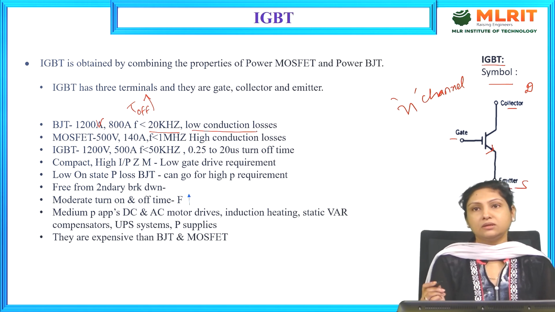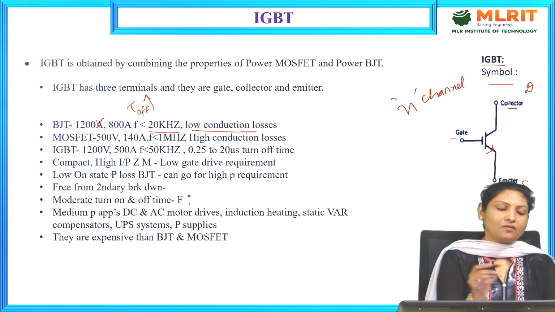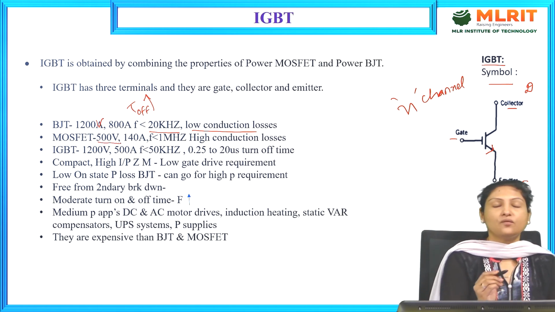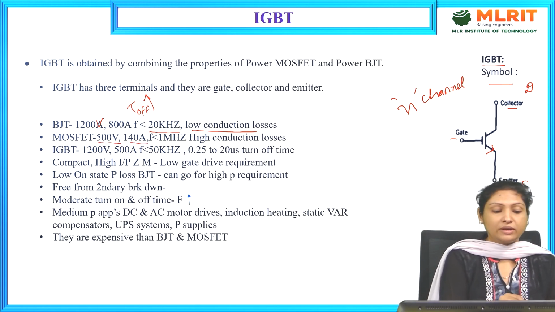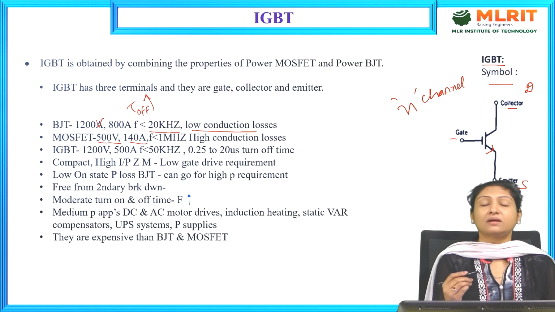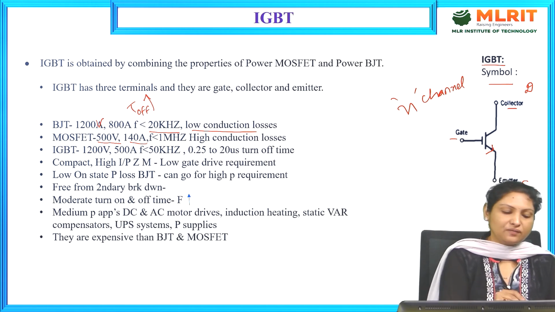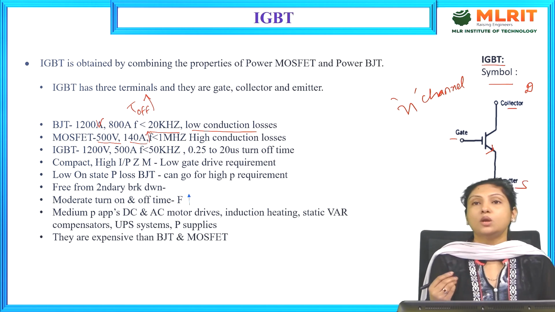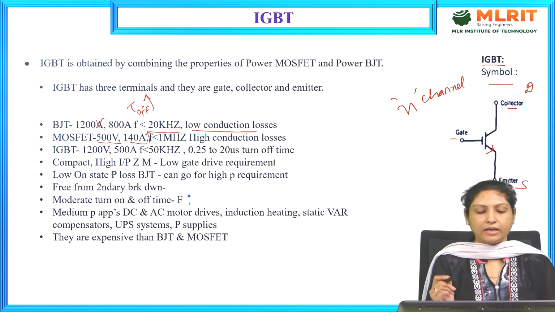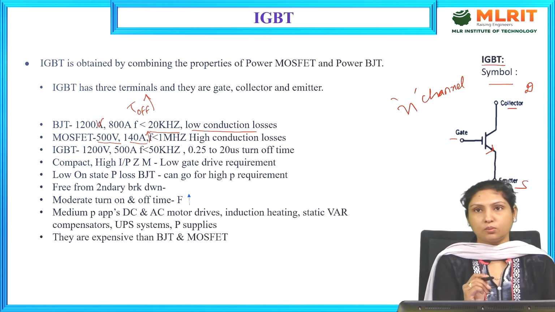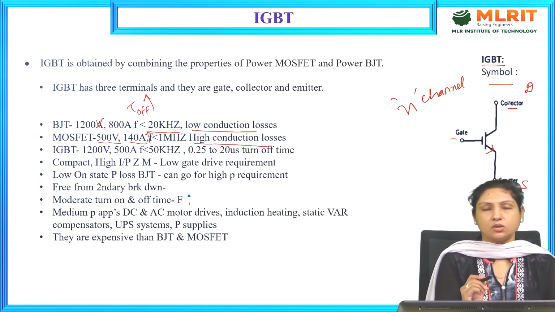And if you consider MOSFET, it can be used up to 500 volts and 140 amperes, and it is applicable for high frequency applications because of its low turn-off time. The disadvantage associated with MOSFET is high conduction losses.